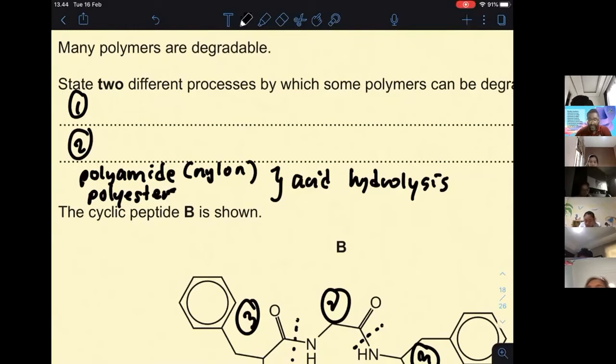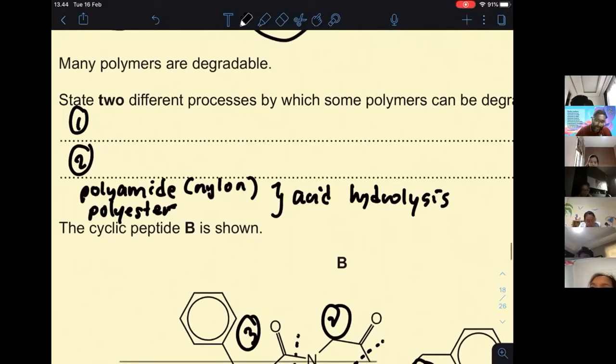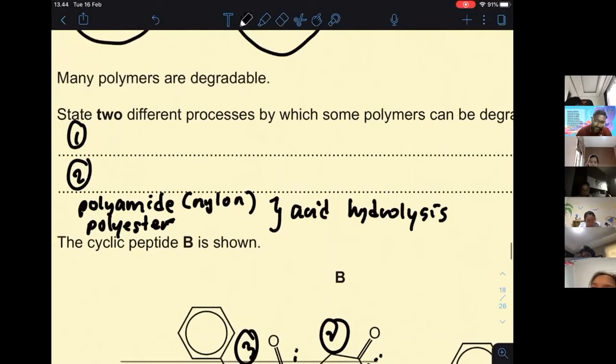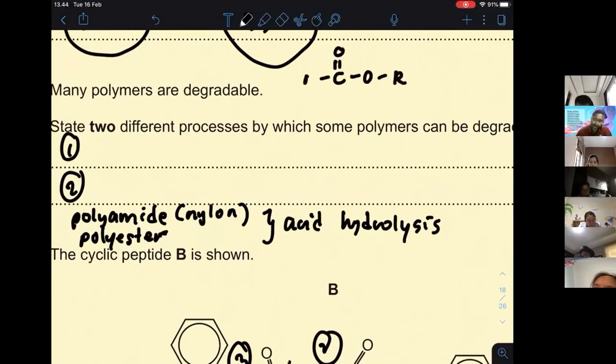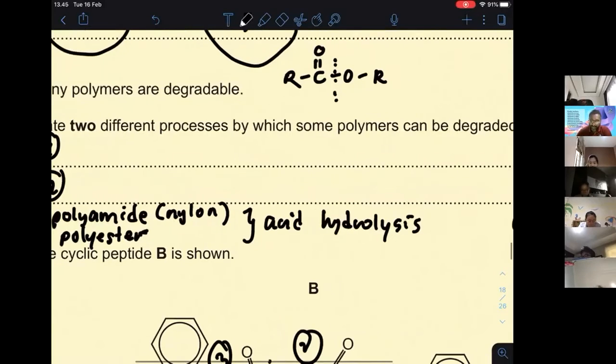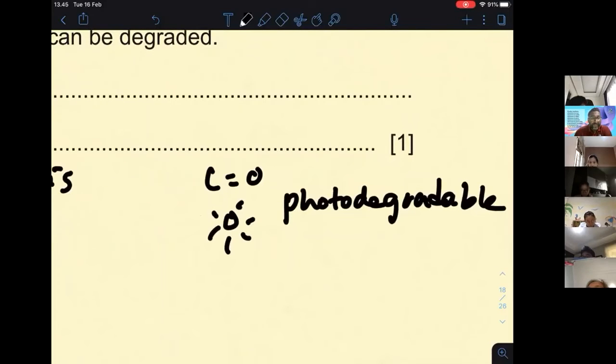Basically like ester, if you have ester, you can break the bond between the ester, but you need hydrolysis reaction, acid hydrolysis. So then the polymer can be broken. Another way is by using the sunlight, we call it photodegradable.